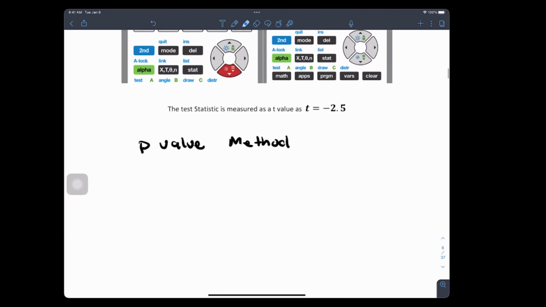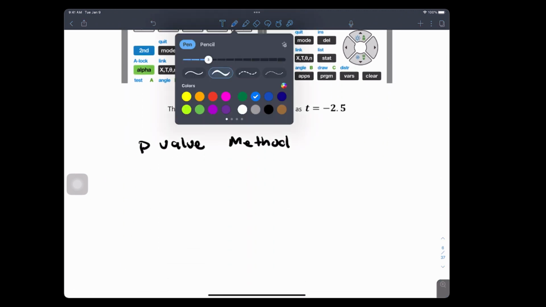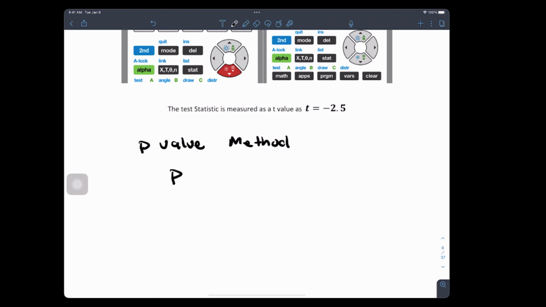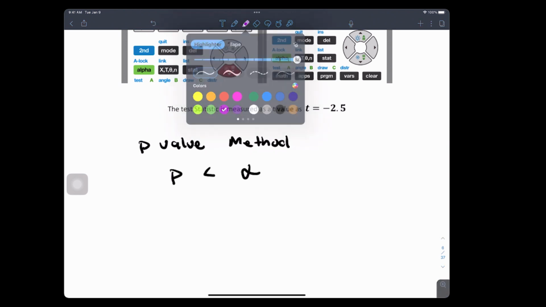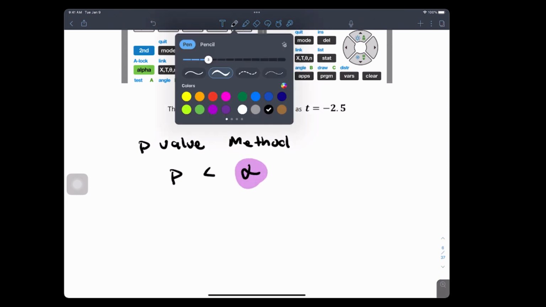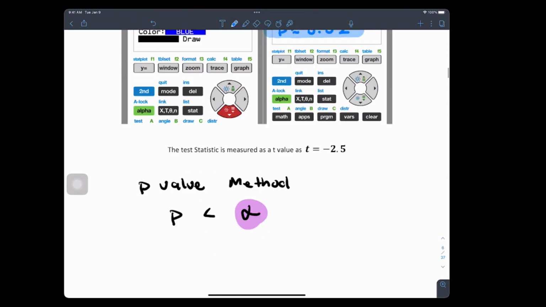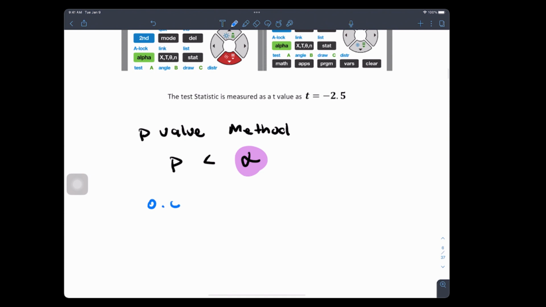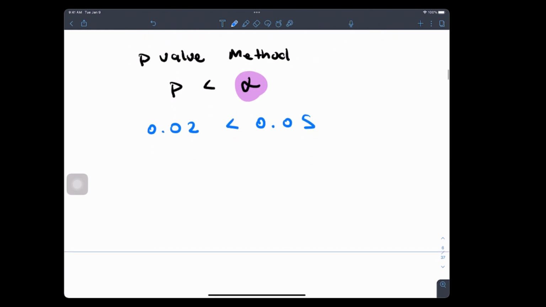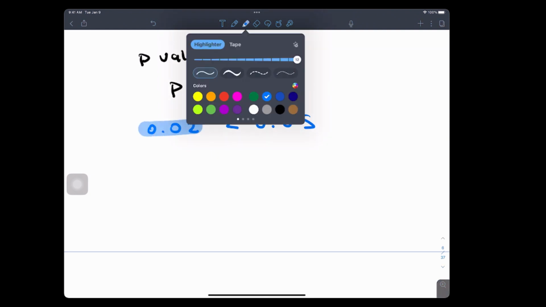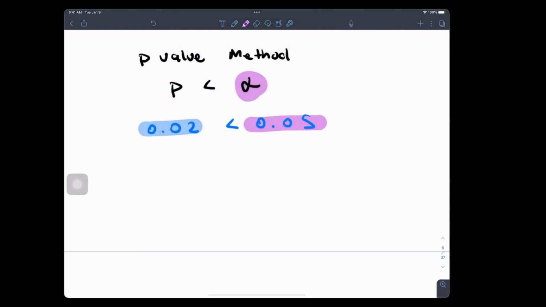So what's supposed to happen? If p is less than alpha. What was alpha? 5%. Is that true? So is 0.02 less than the alpha of 0.05? Is that a true statement? Is the 2% less than the 5%? That's true.